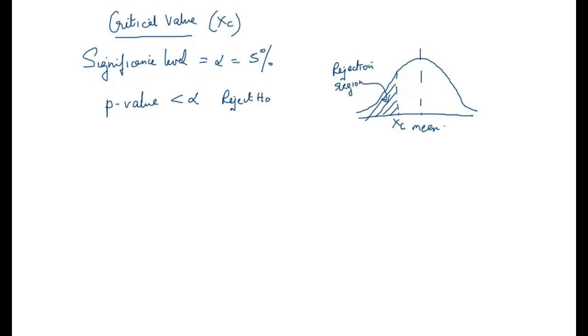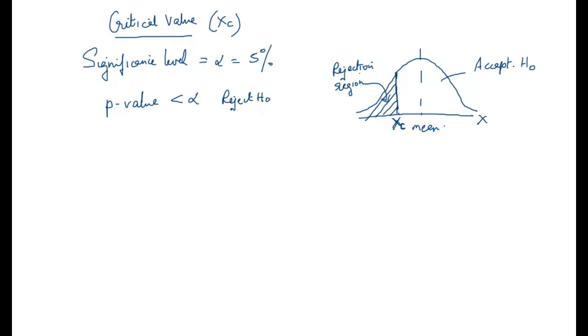And this unshaded portion on the other side is the acceptance region, where you accept the null hypothesis and discard the new theory that your scientists came up with. So this line that separates the acceptance and rejection regions represents the critical value. Okay, so that is your critical value.